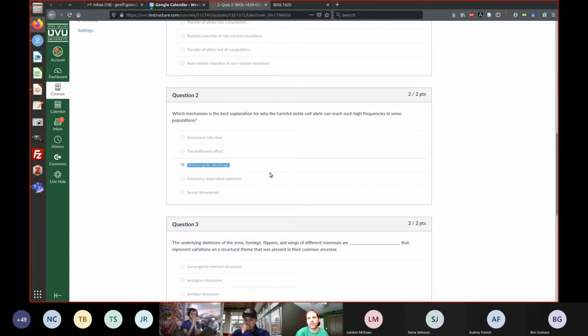If you have two alleles for sickle cell, it's really bad. Your prognosis is pretty poor, but you could also be heterozygous. So one parent could have given you the sickle cell allele and the other a normal functioning blood cell allele. In that case, you do have some of the problems of sickle cell anemia, but you're making regular blood cells as well.